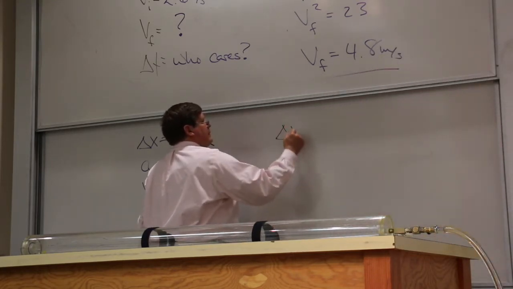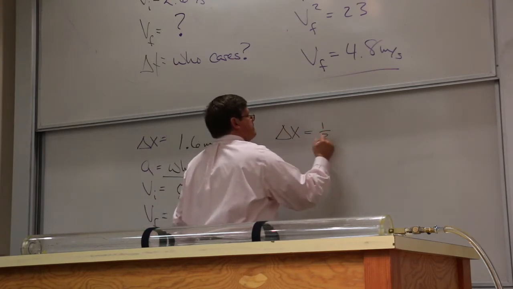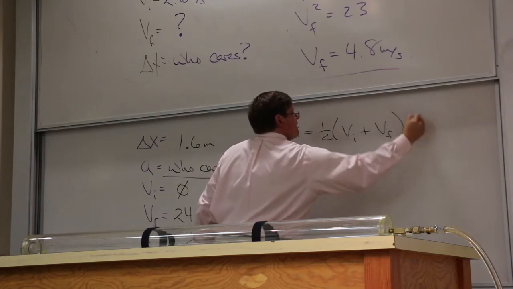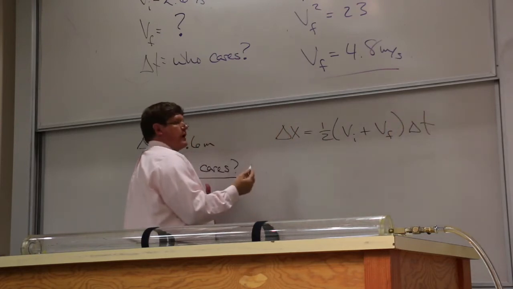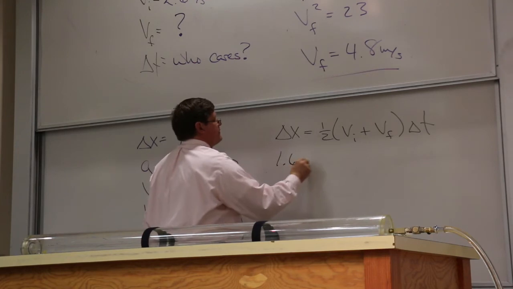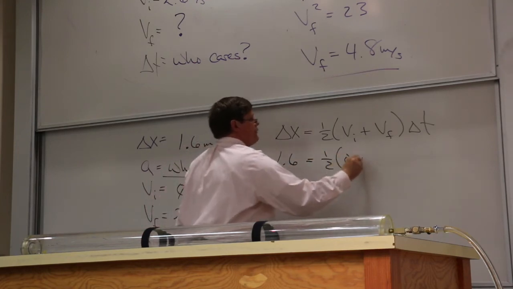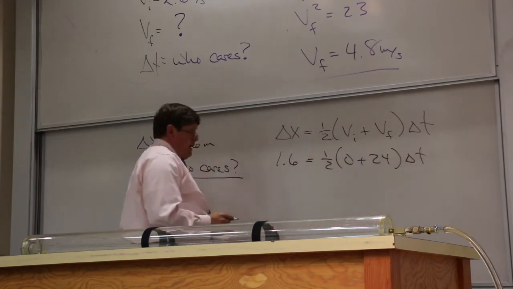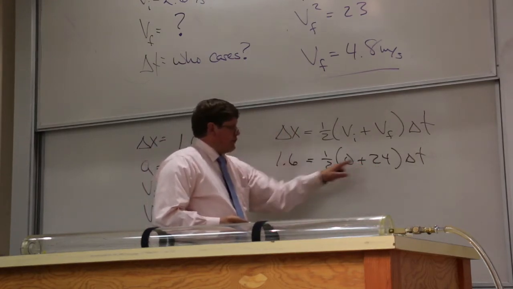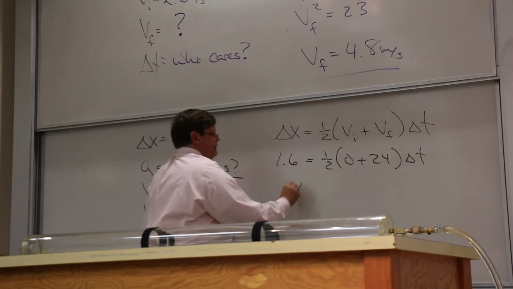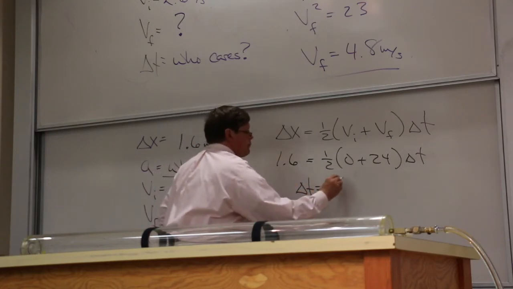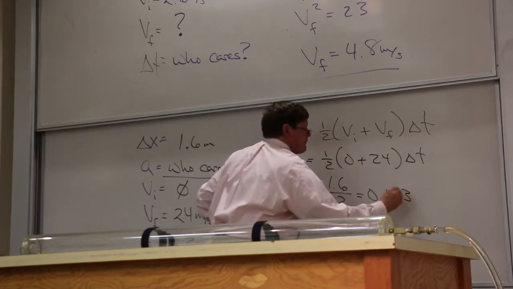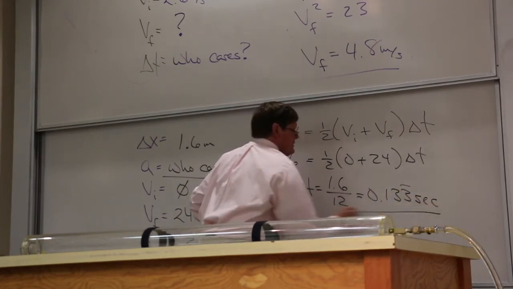So I write down the equation. I plug in what I know. This is 1.6 is equal to 1/2 times 0 plus 24 times delta t. Well, 0 plus 24 is 24, half of that is 12, so that gives me a delta t of 1.6 over 12, or 0.133 seconds.